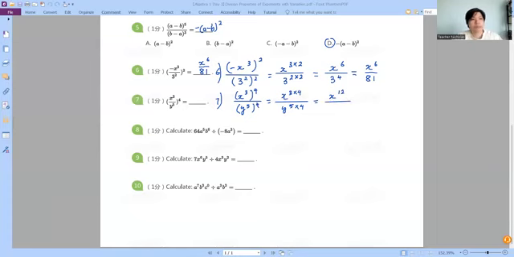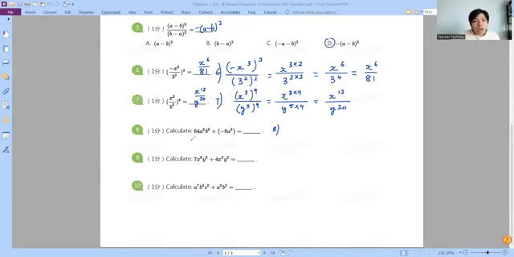I'll draw my fraction bar here. 5 times 4 is going to give us 20. And, well, that's our final answer already. So it's x to the 12th power over y to the 20th power here. All right. Moving on now to question 8.